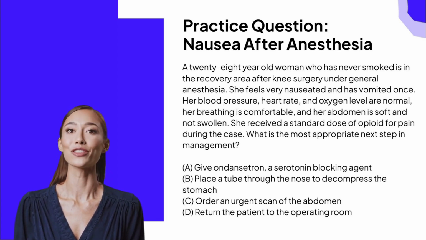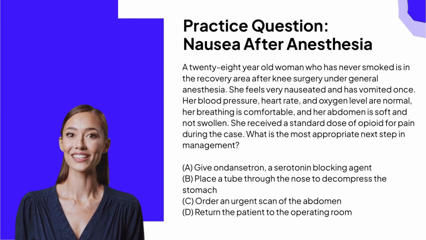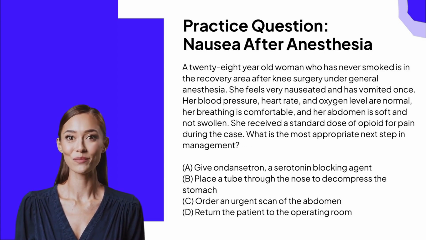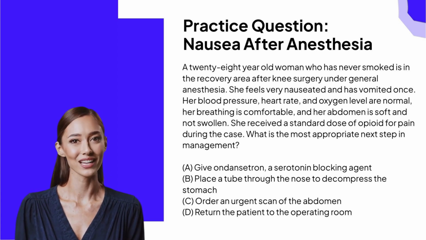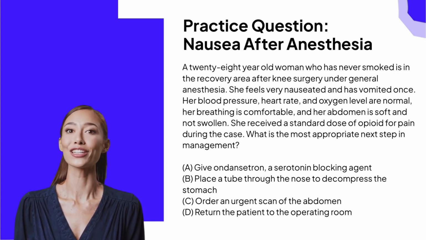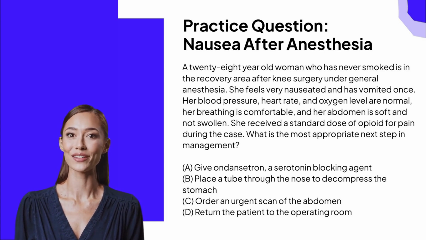Her breathing is comfortable and her abdomen is soft and not swollen. She did receive a standard dose of opioid during the case. The question asks for the most appropriate next step. The key is to recognize the classic profile of nausea after anesthesia, a young, female, non-smoking patient, and to notice there is nothing in the stem pointing to a surgical emergency. Pick your answer, and we will reason through it on the next slide.